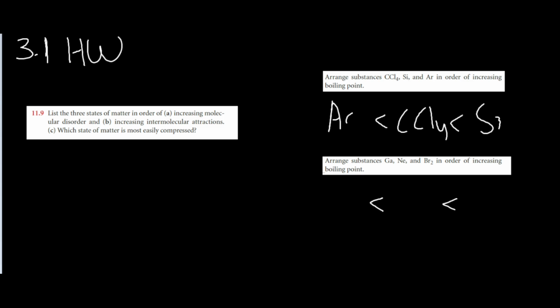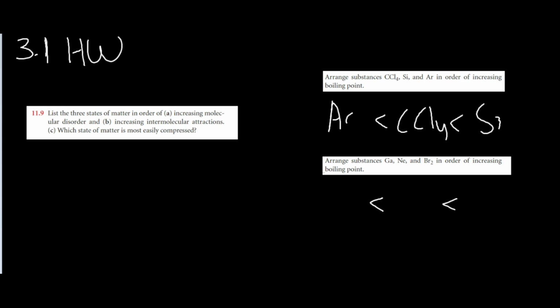So yeah, that's just how it's ordered. You can also make an argument with the intermolecular forces by saying that argon doesn't form bonds with anything. It's just out and about. It will have very low intermolecular forces. Therefore, it's a gas, and it'll have a low boiling point.